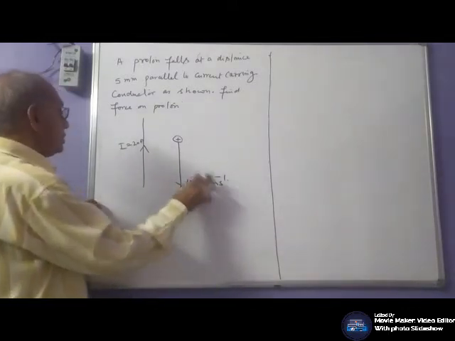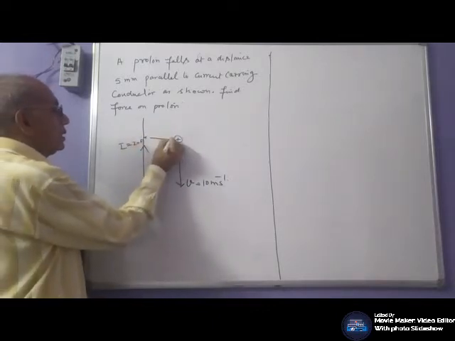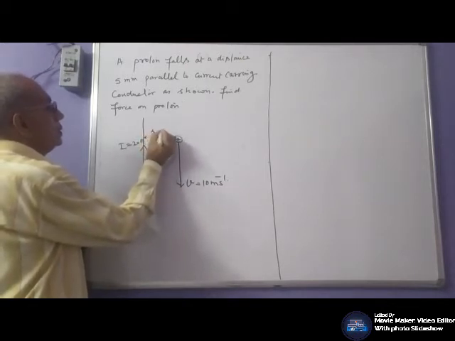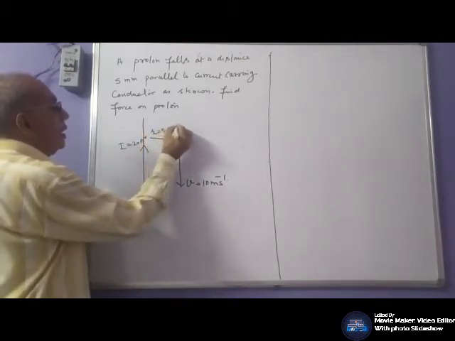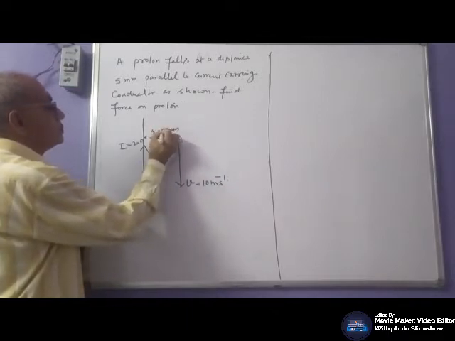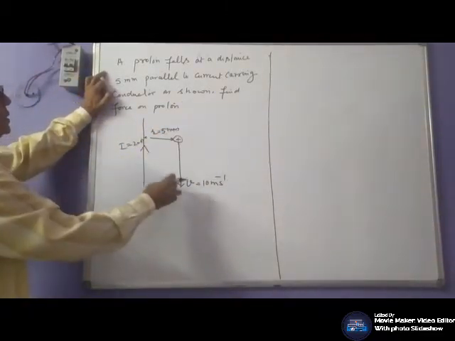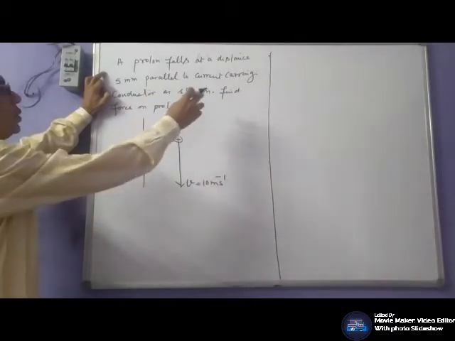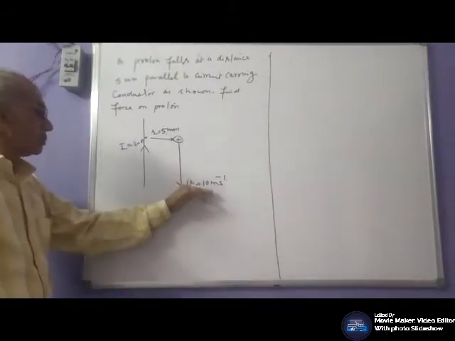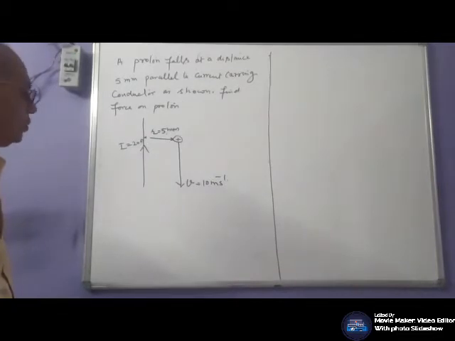So there is velocity, this is current in this conductor, and it is at a distance 5 mm. A proton falls at a distance 5 mm to current carrying conductor as shown. How it falls? This means this is the velocity, this is the current as shown. Find force on proton.